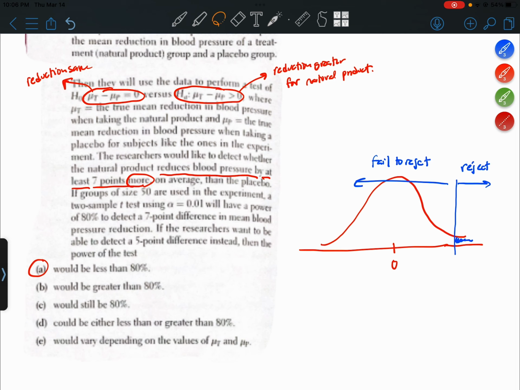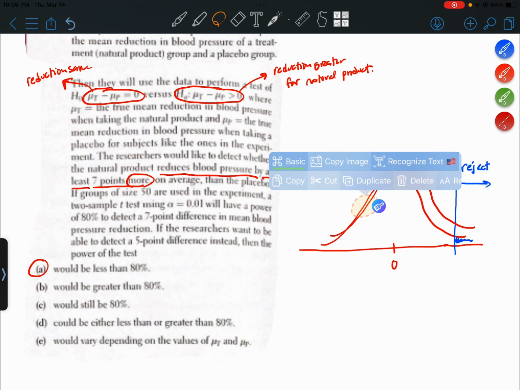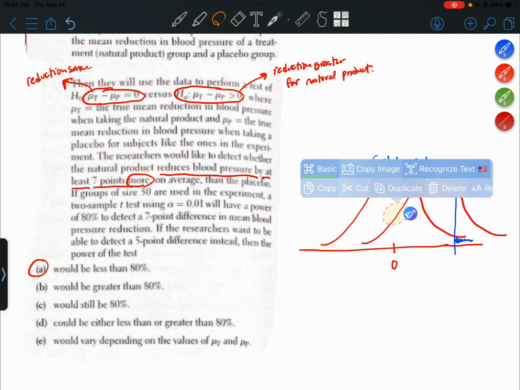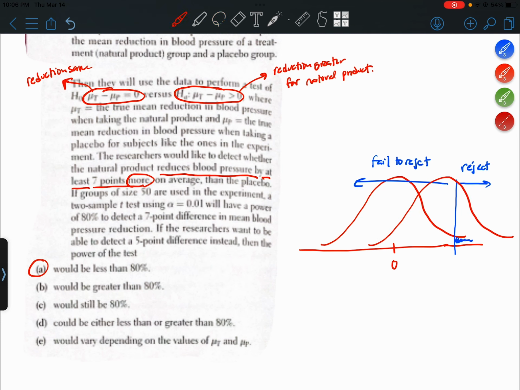Now, let's duplicate this curve and move it over, centered at 7. So now the power of the test would be represented as this area right here.